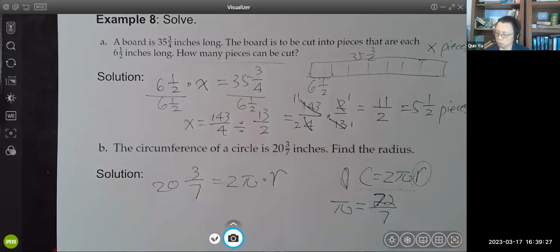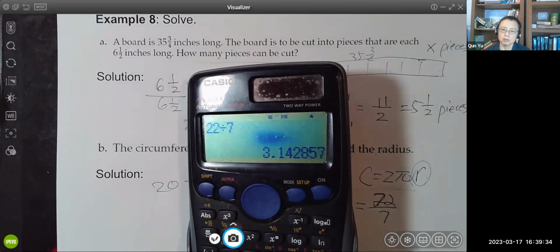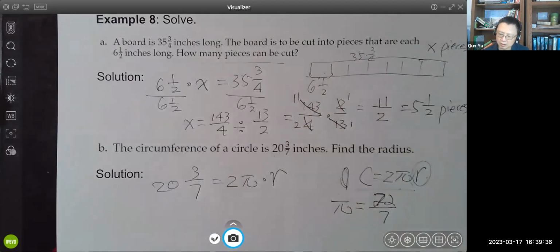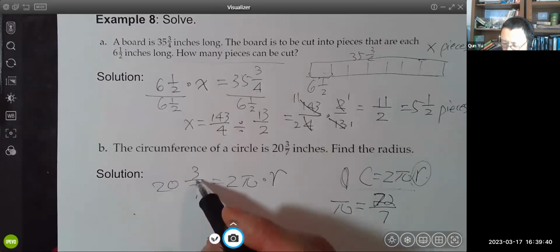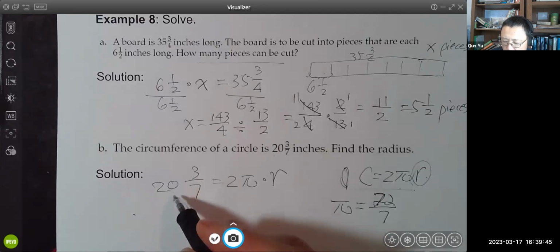This is very close to pi. Pi is 3.14 something. So 22 divided by 7, that's 3.14 something. So we replace pi with this. So let's change this one to improper fraction first, because we know we need to change that anyway in the end.